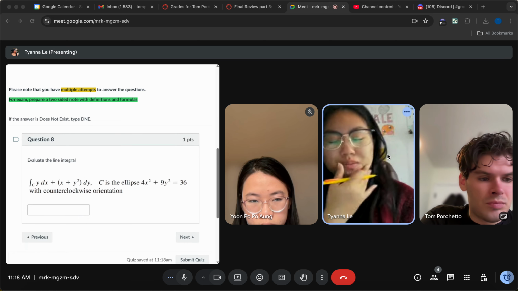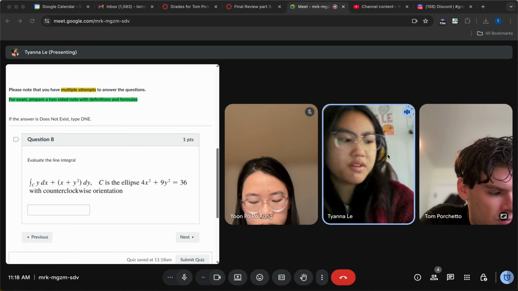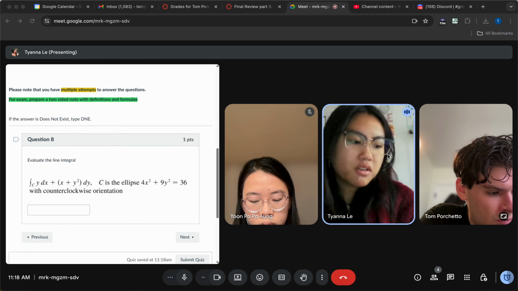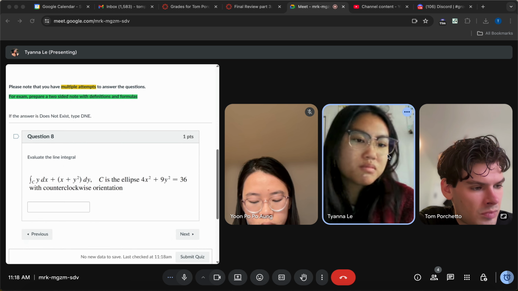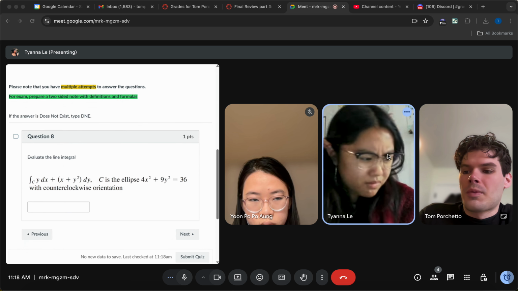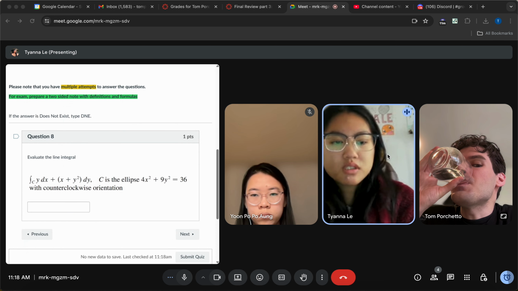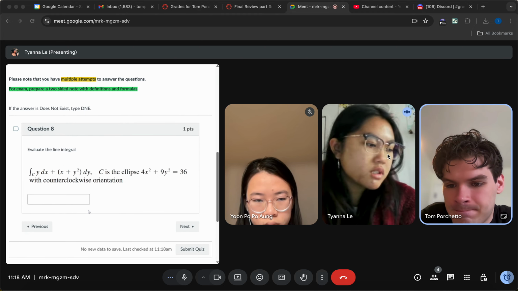Partial derivative of Q with respect to x equals partial derivative of P with respect to y. Find those, and you'll find that they both equal 1. So it means that it is conservative. And then the integral bounded by C of f dot dr equals 0 for any closed curve C, since it's conservative, so it'd be 0.